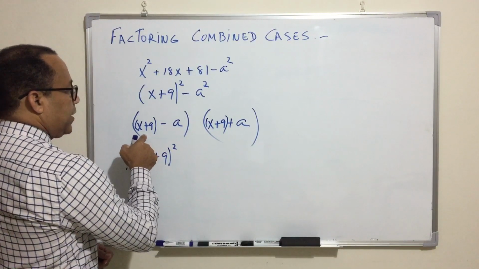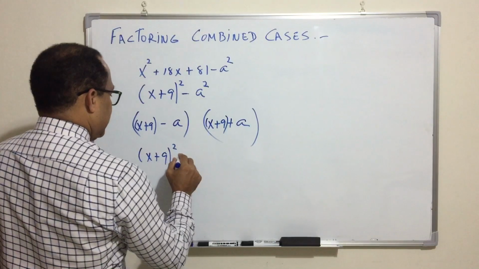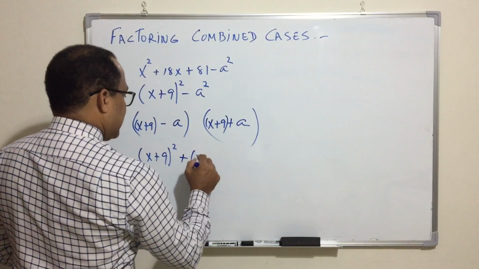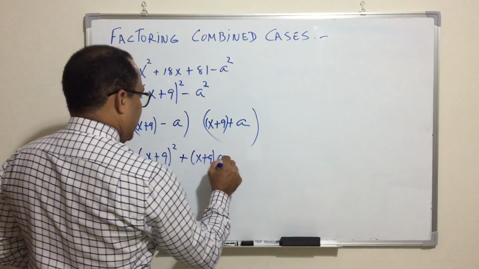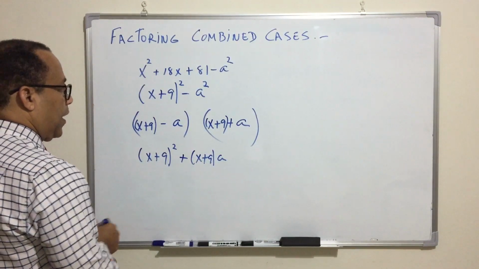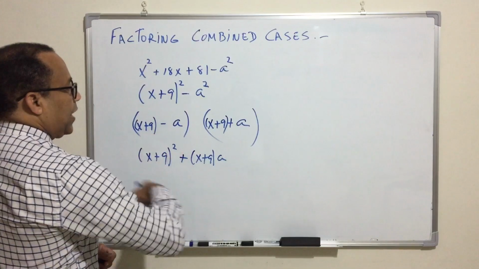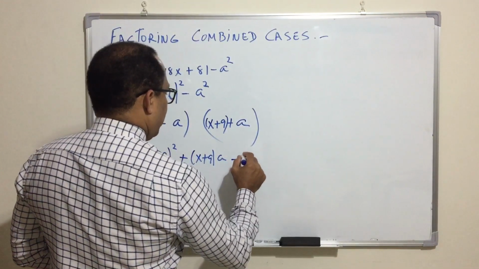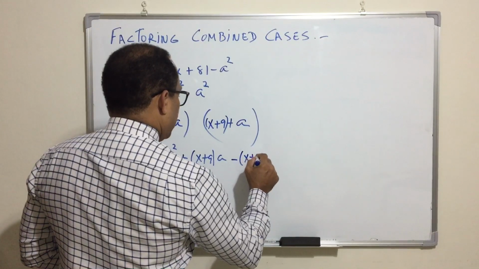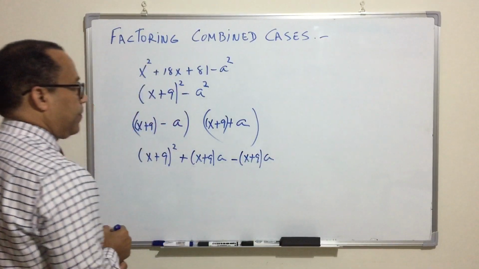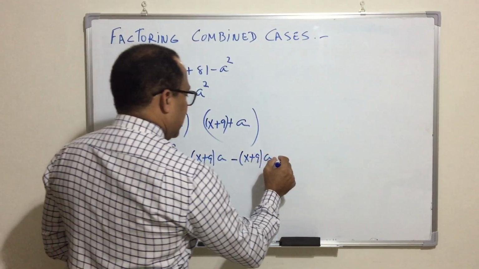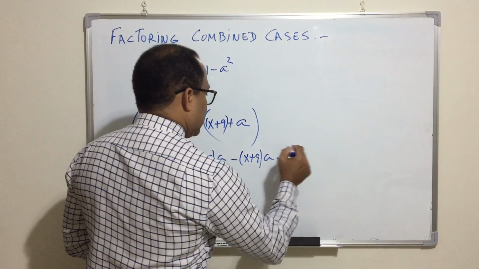X plus 9 times a is positive (x plus 9)a. Negative a times x plus 9 is negative (x plus 9)a. And negative a times positive a is negative a to the second power.